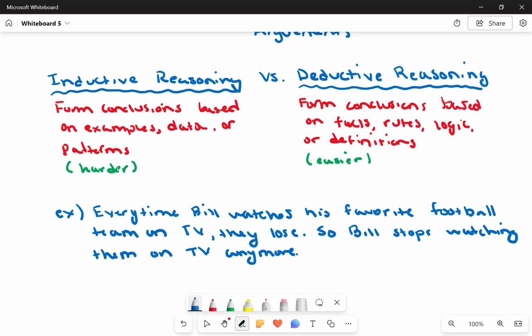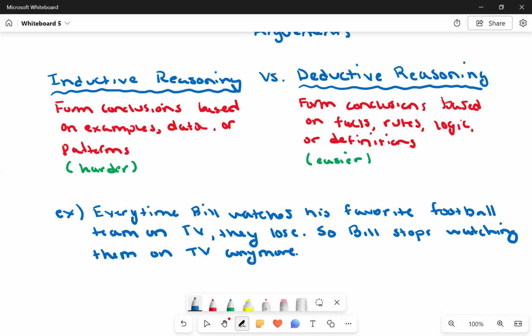Okay, that's the idea. So, what type of reasoning is Bill using here? Well, this would be an example of deductive reasoning. I'm sorry, inductive reasoning. I apologize. Inductive reasoning. The reason is he is using his specific example of watching this team on TV, then they lose. Then maybe the next week he watched them again and they lose. Maybe they weren't broadcast the third week and then they finally won. And then the fourth week he watched them again on TV and they lost.